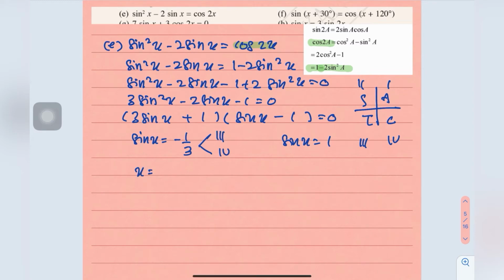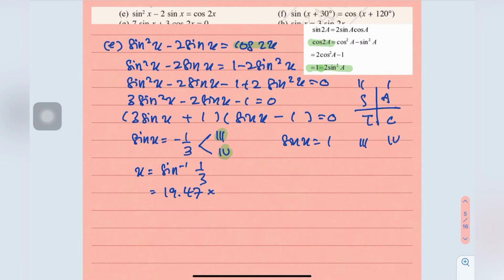To find the basic angle, shift sin⁻¹ of 1/3, which equals 19.47. Just now we identified this angle in quadrant 3 and quadrant 4.